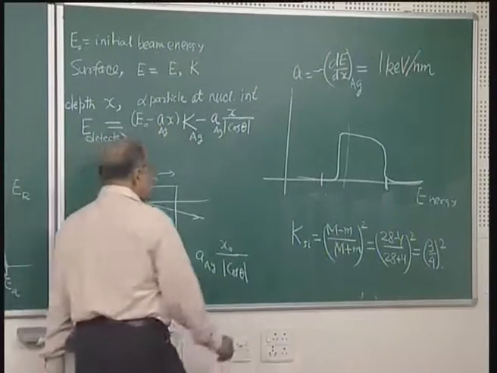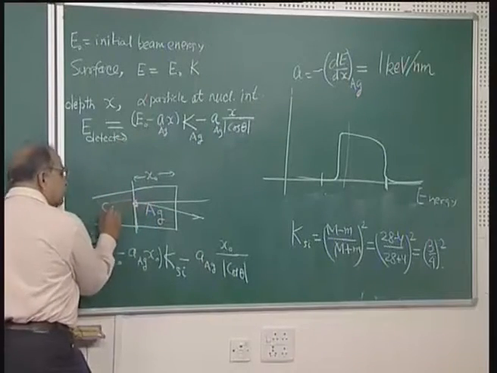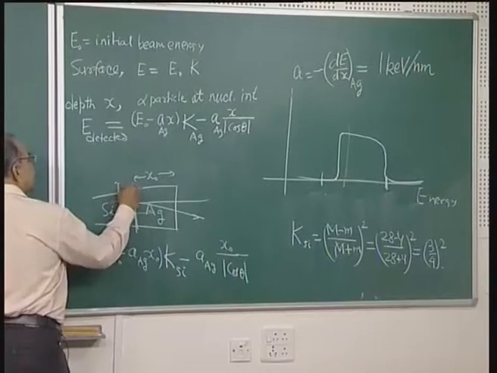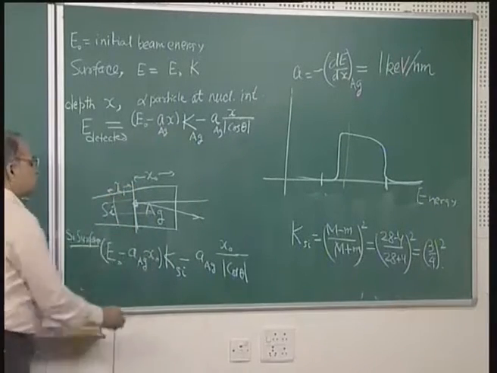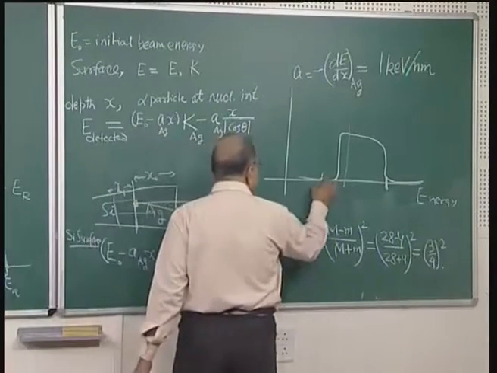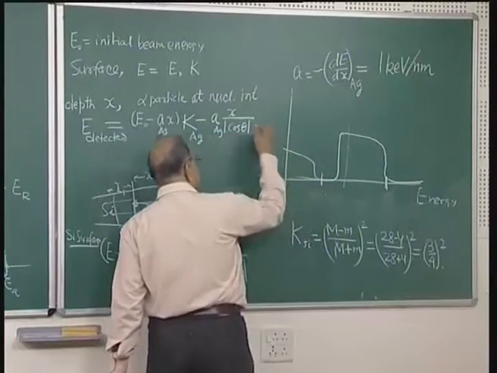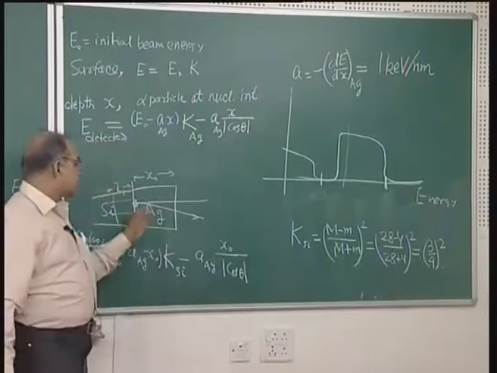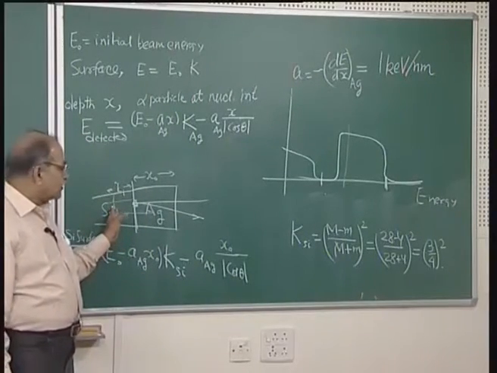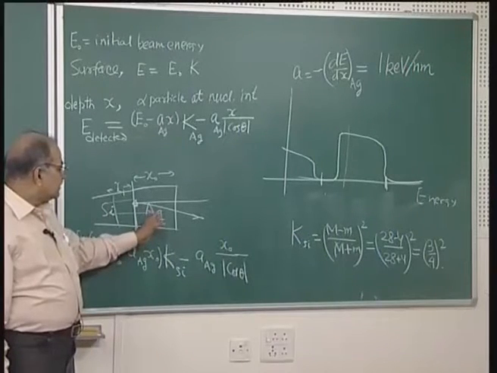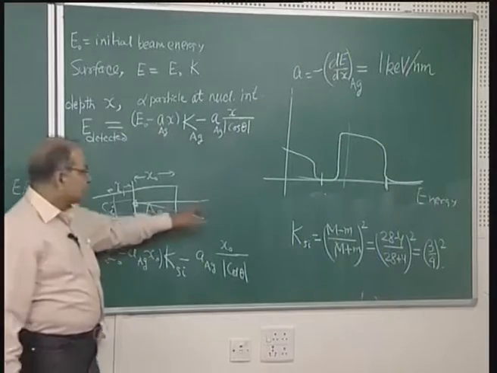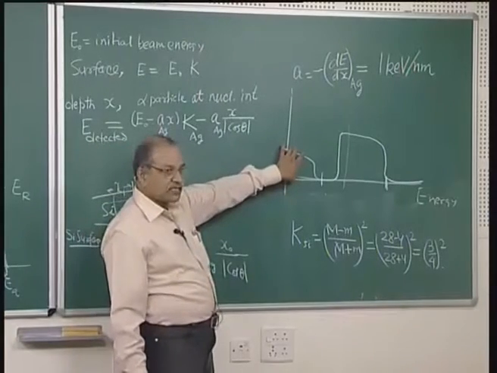Then similarly, it goes into the silicon to some depth, say x1 here, and then it rebounds and it will have lower energies. So, you will have something like this. The cross section for silicon will normally be smaller than from silver. So, this height is related to cross section.